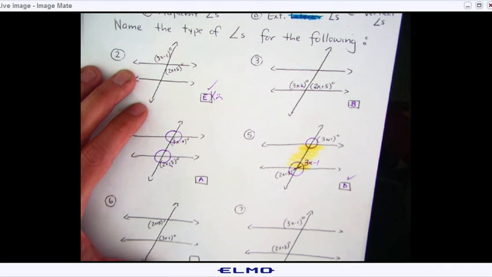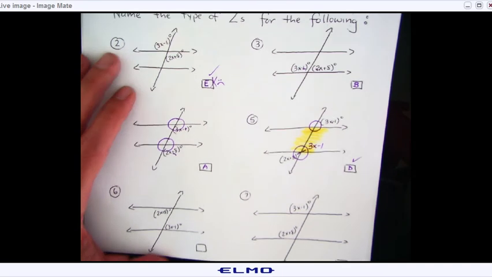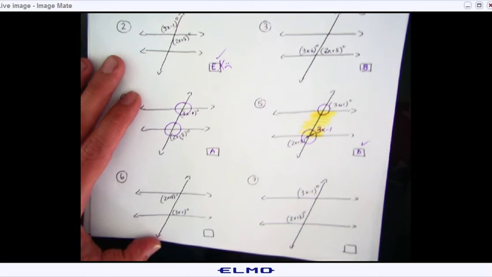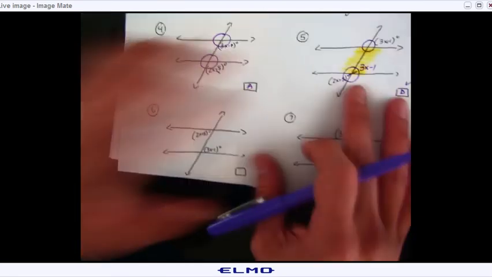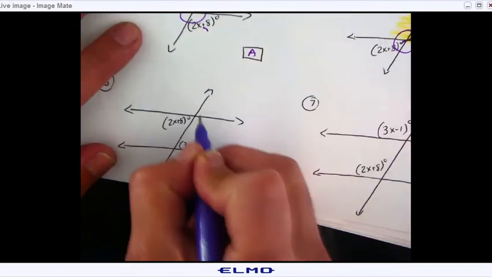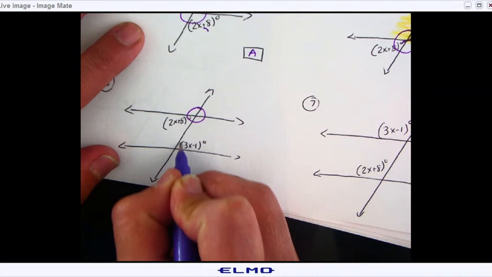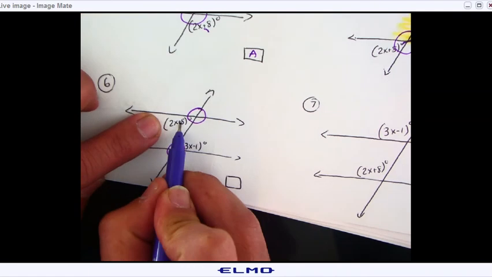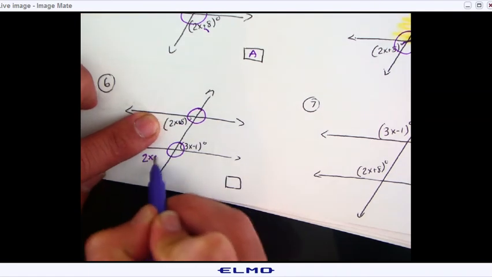Again, we're on page 22. It's the mini test from last week. What about 6? What do you think 6 will be? Well, let's draw the circle. This 2x plus 8 will be right here.